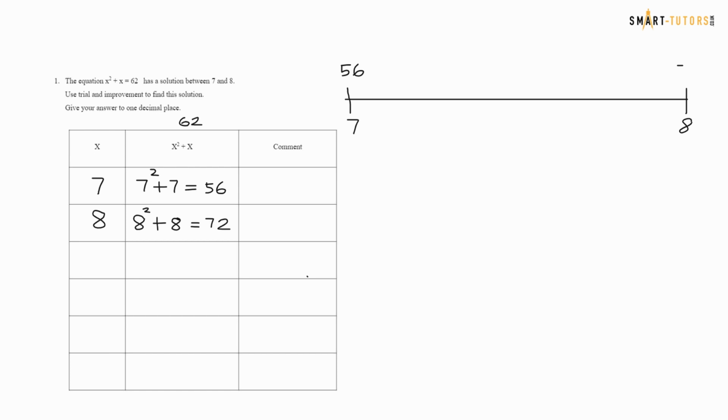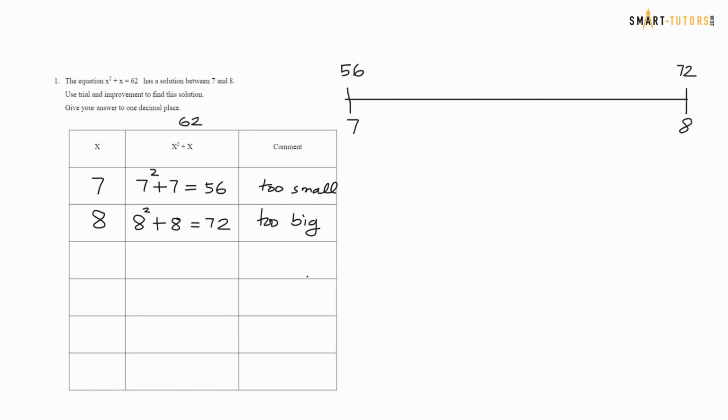Right? Now the 62 is going to be between 56 and 72. So we can say the 56 is too small, and 72 is too big.